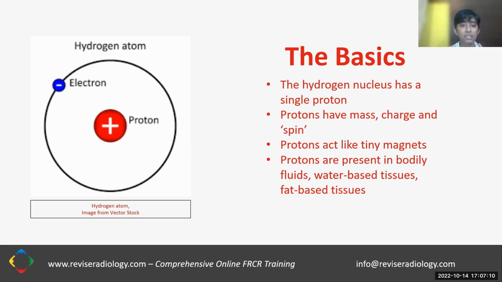And protons are present all over the body, including in bodily fluids, water-based tissues, and fat-based tissues. So wherever these protons are present, the MRI magnetic field is going to interact with them. So the basic actor in this play is the proton. And the proton is exactly what we've described right now. And we talk about hydrogen nuclei as basically being protons.